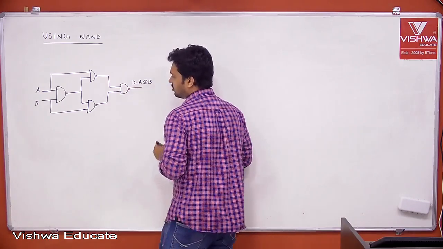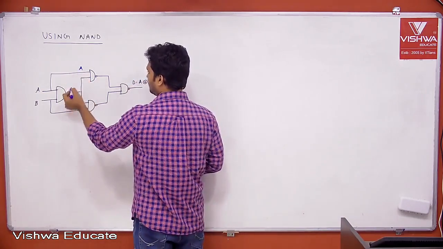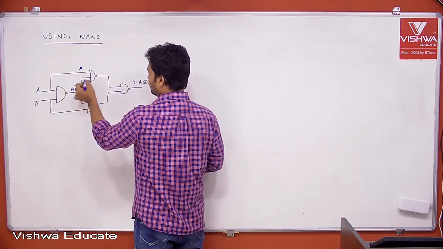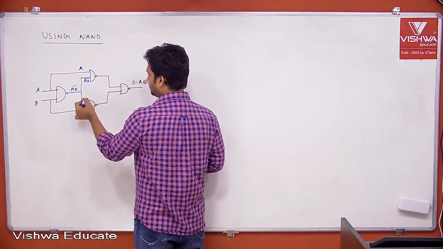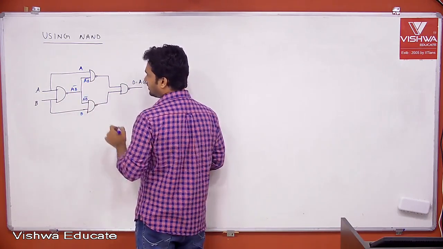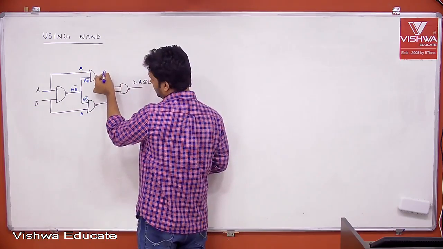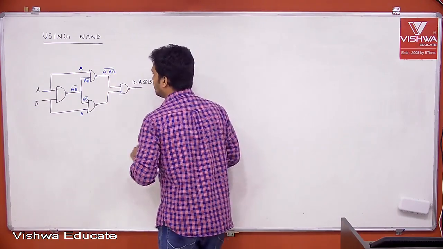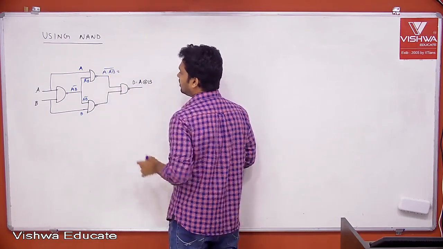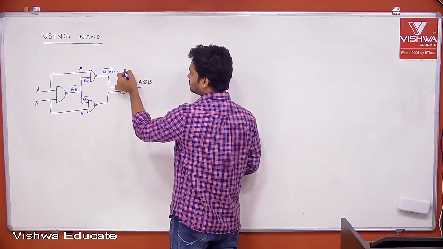What about the borrow? See here. A, it is AB bar. It is B, AB bar. So this into this. What is this? A into AB bar whole bar, which is equal to A into A bar plus A into B bar.